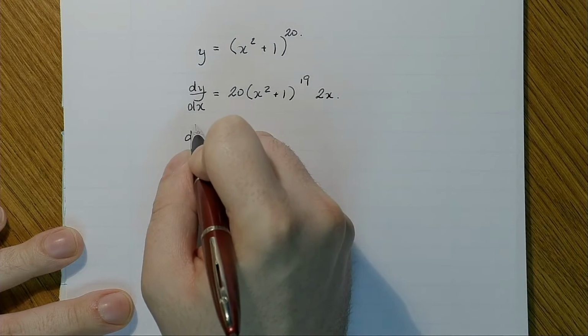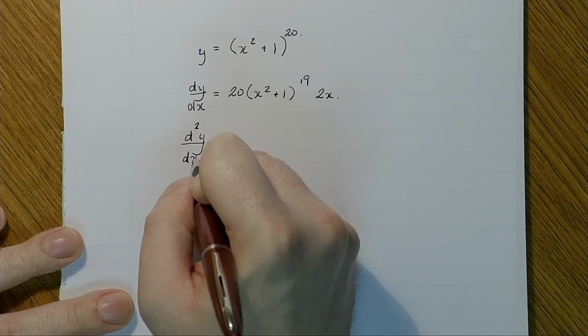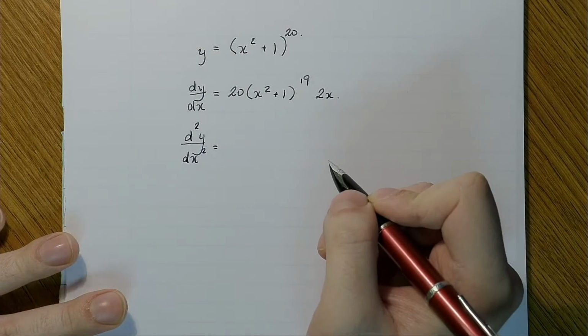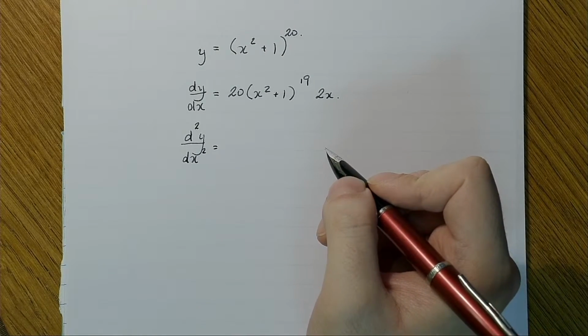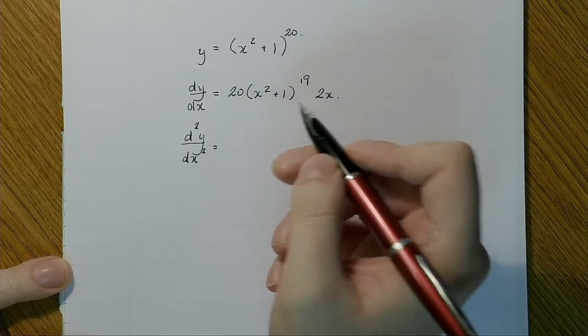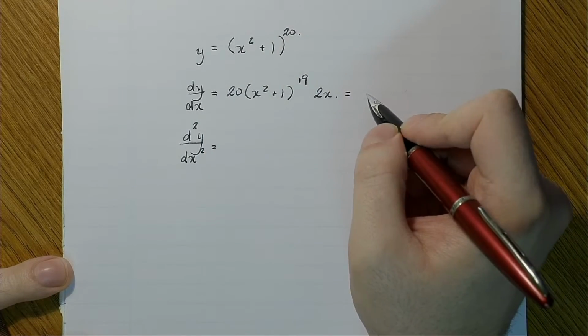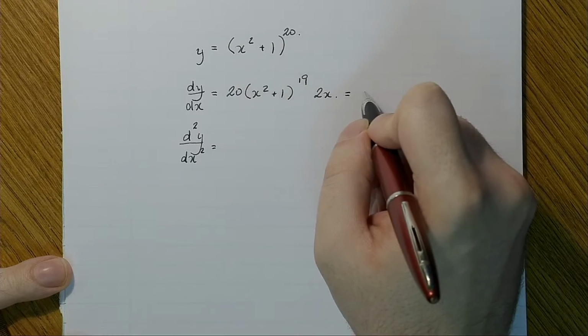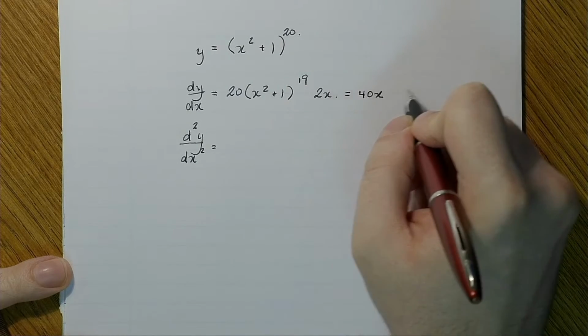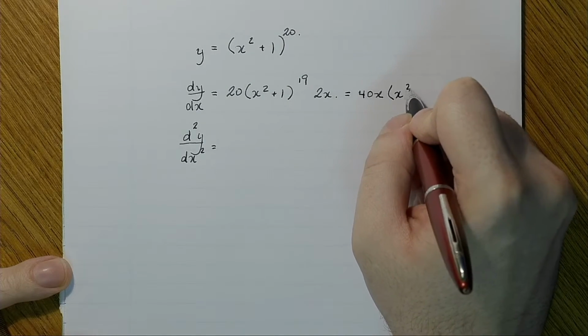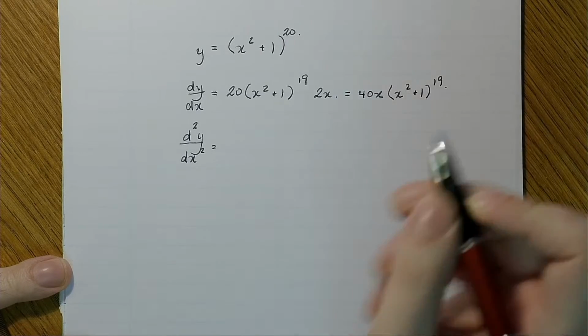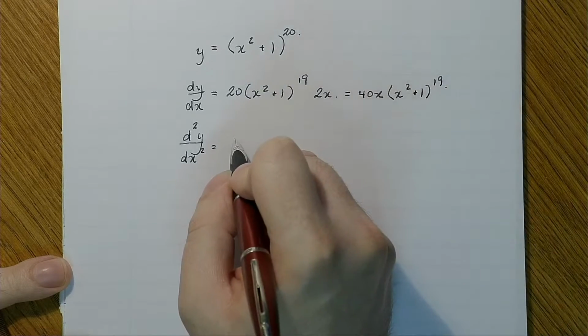And if I take the second derivative, oh, never mind, bad joke. This is where simplification also helps. So 20 times 2 gives you 40x times x squared plus 1 to the 19th. And so then you're taking the derivative of the first function.